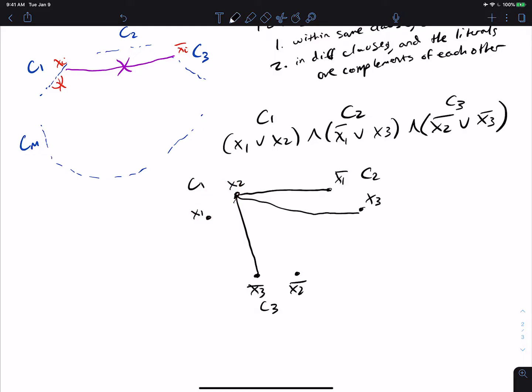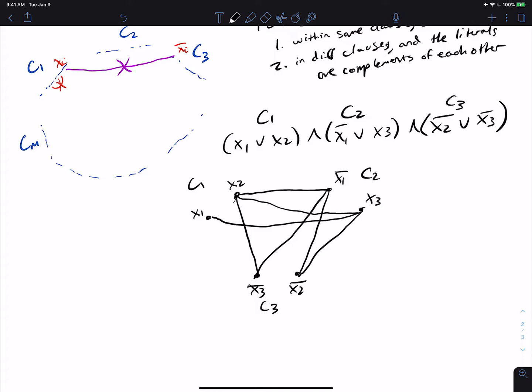Let's do x1 bar over on the right side. Then we can connect here, connect here. We can't connect to the x1 across. We've already connected to the x2. X3 on the right, we can connect to here. We can't connect to x3 bar. We can't connect to the x1. We've already connected to the x2. We can't connect to the x1 bar.